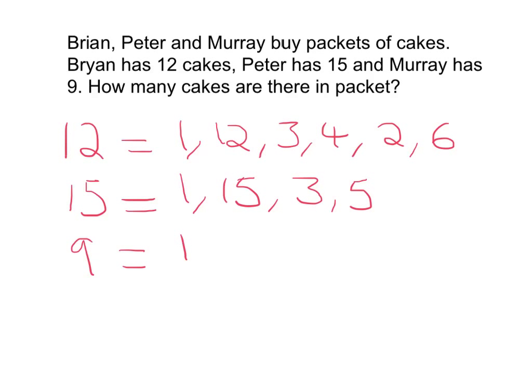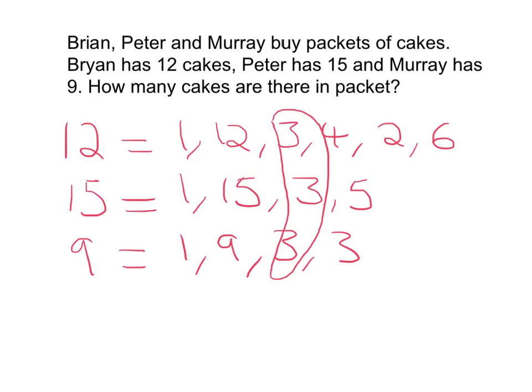And for 9 we have 1 and 9, and 3 and 3. You'll see here that the common factor is 3. So in this case, we can assume that the cakes come in packets of 3, because we've listed out all the factors in different combinations.